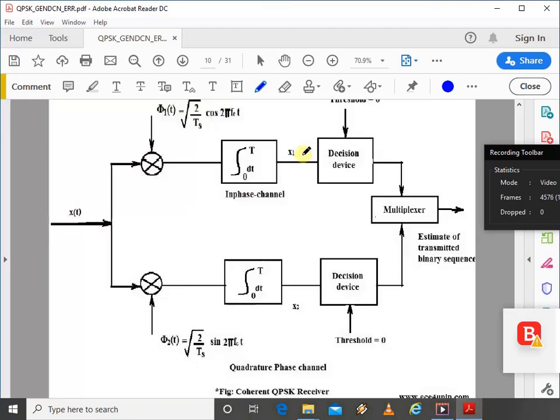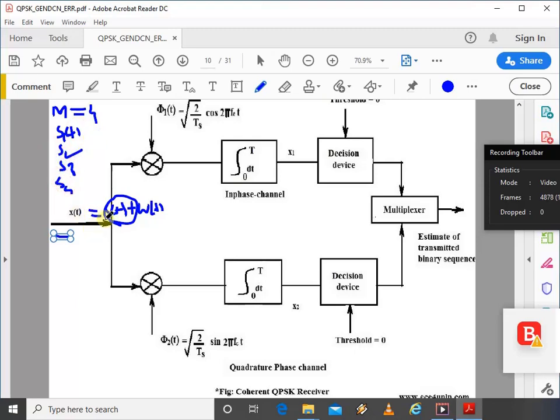Now let us see reception of a QPSK. Once the signal gets transmitted, we know that along with the original signal s of t, we are also receiving additive white Gaussian noise. What is s of t? As I told, in QPSK we are transmitting 4 message signals, that is s1 of t, s2 of t, s3 of t and s4 of t.